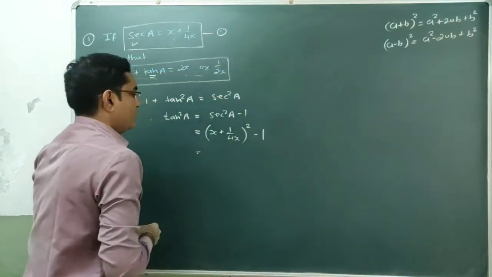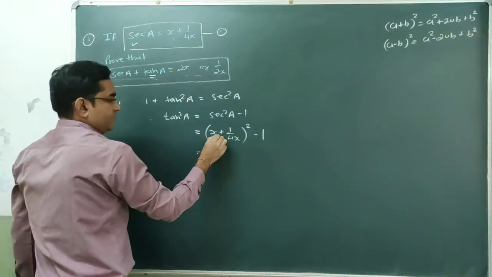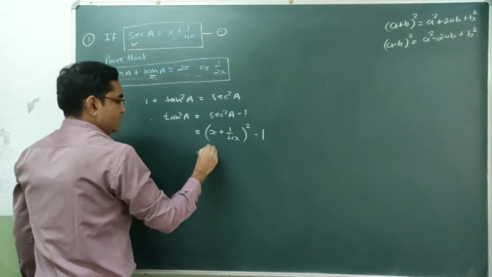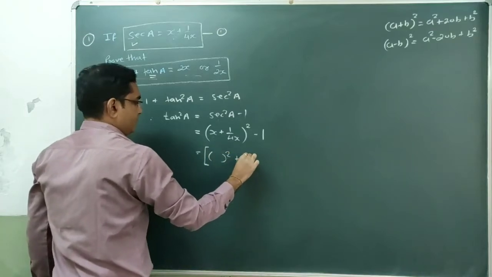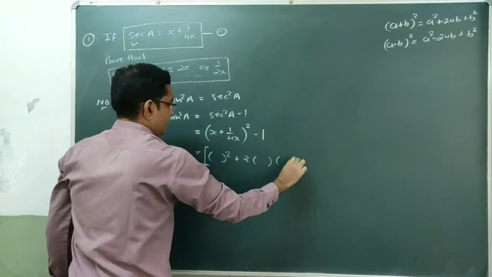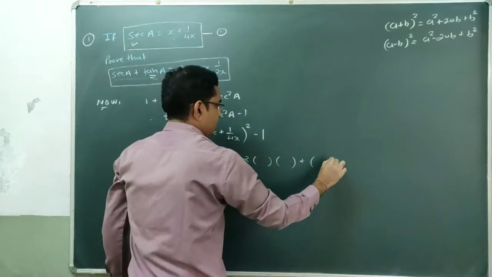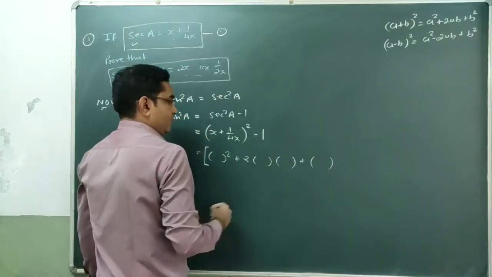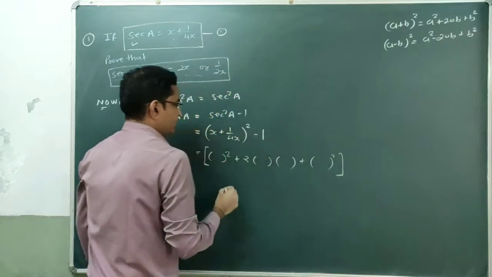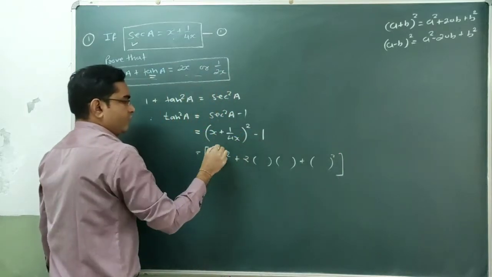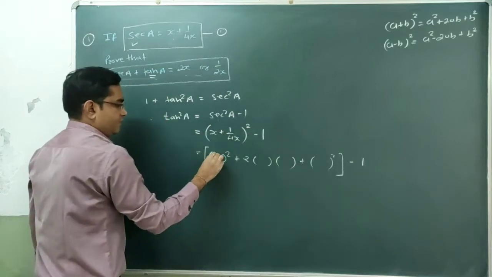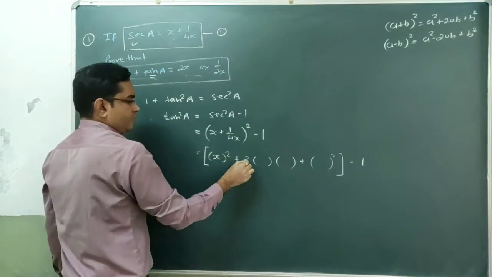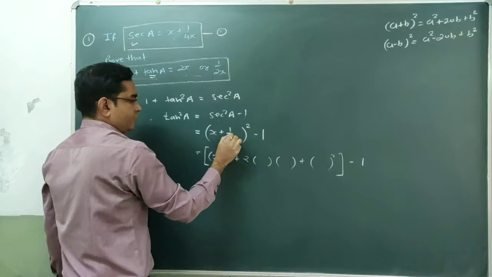These are the important formulas. Now this is a plus b whole square. So the expansion will be first term square plus 2 into first into second term plus second term whole square. This is the expansion of x plus 1 upon 4x whole square, minus 1. Here first term is x square plus 2 into first into second term.